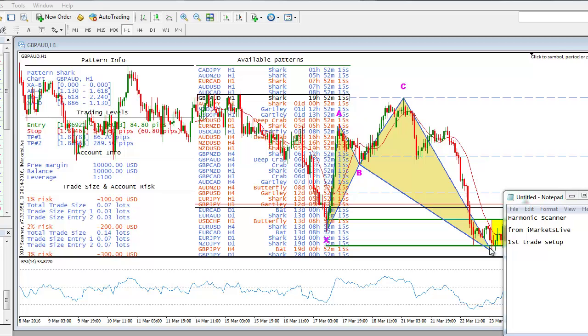opportunity. Now the software produces signals for different types of patterns in different time frames. So we'll see here that we've got hours, days, and 4-hourly.